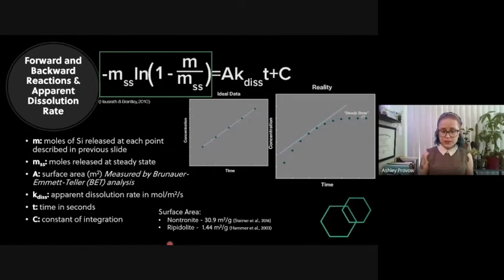The surface areas we're working with are 30.9 meters squared per gram for non-ternite, and 1.44 meters squared per gram for rhypidolite, which is notably smaller. As you can imagine, surface area affects dissolution rate quite significantly. A larger surface area means a slower rate than a smaller surface area, and that will make a lot more sense when we look at some real data.